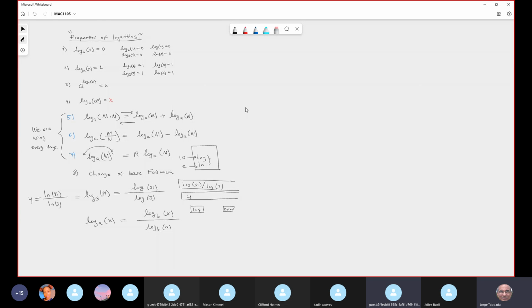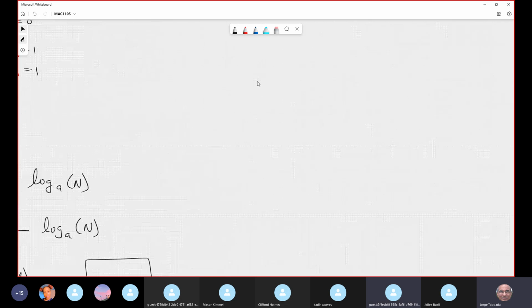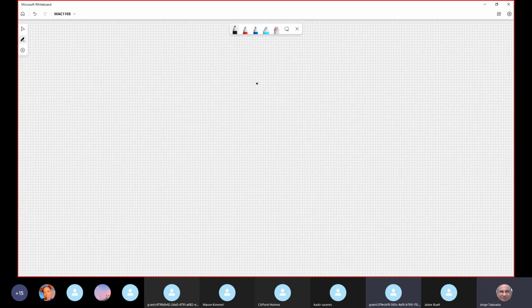Let me try to find an interesting one. Okay, this is interesting. For example, suppose we have the logarithm of base 5 of x to the 5th power divided by y to the 6th power. And what do they want?